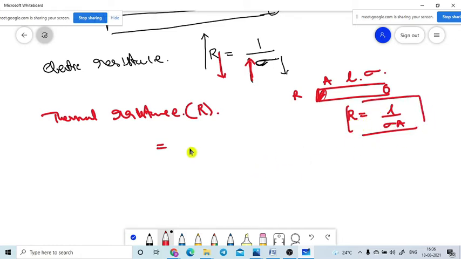In the similar case for thermal resistance, R is equal to the length of the material L divided by, instead of sigma, the thermal conducting term. Which label are we using? K. Very good.